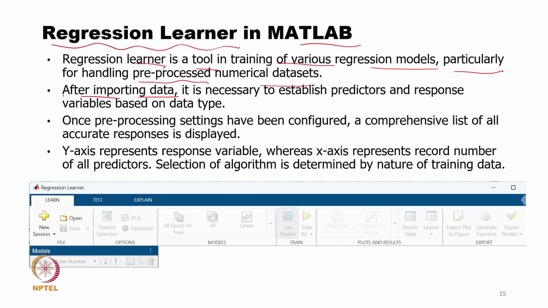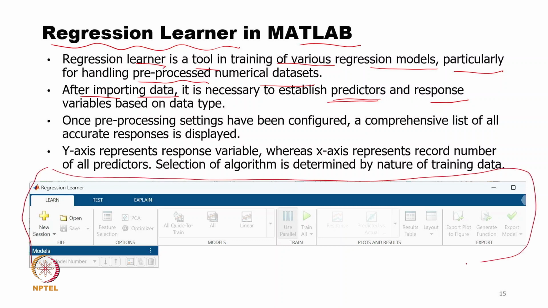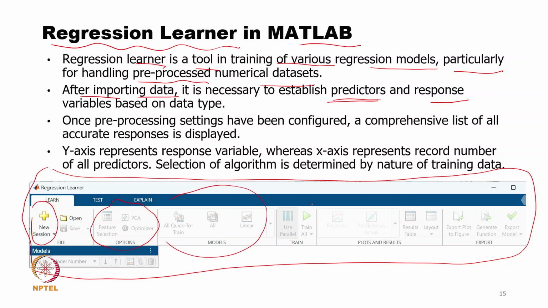We import the data, and after importing it, it's necessary to specify which is the predictor and which is the response, because MATLAB will not know which is x and which is y. We need to define it in the regression learner. You can see the results being given here. We need to open a new session, import the data, and then do feature selection, which we will also learn, using the PCA optimizer, then training models, and then responses, layouts, and generating the model.